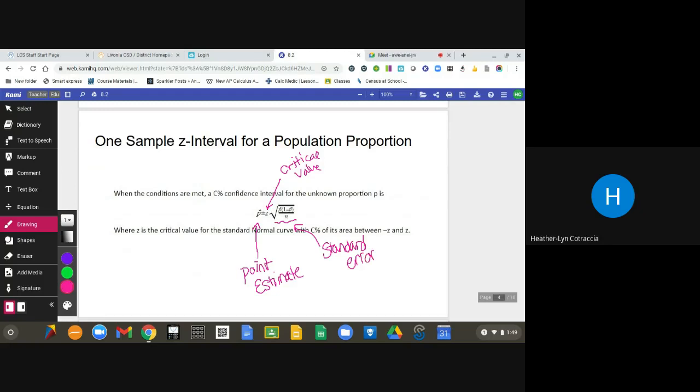Remember, that's very, very similar to standard deviation, but it's standard error. And now just to note too, this whole second part here, so after the plus or minus, that's called your margin of error. So to get your confidence interval, we saw this in the last video, you take your point estimate and you add and subtract the margin of error to it. And your margin of error is made up of a critical value and a standard error multiplied together.